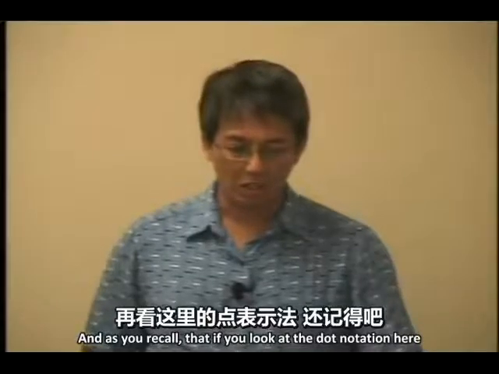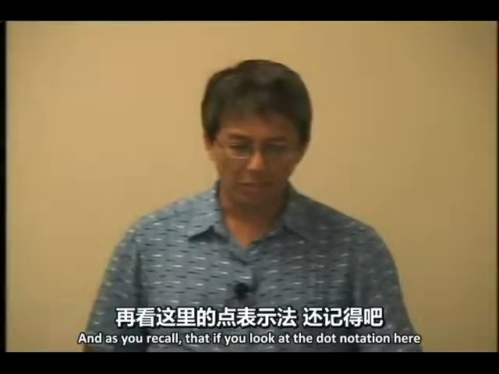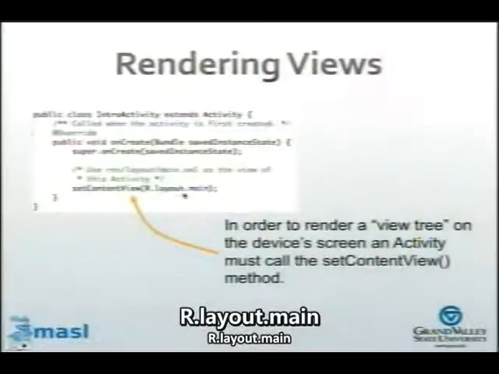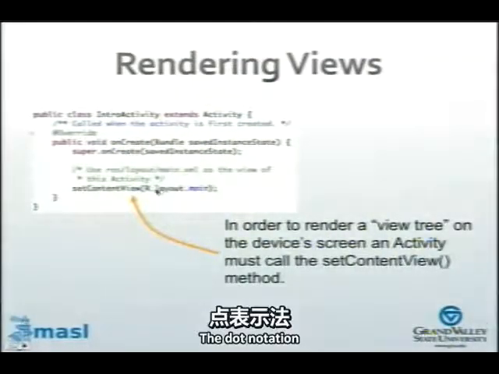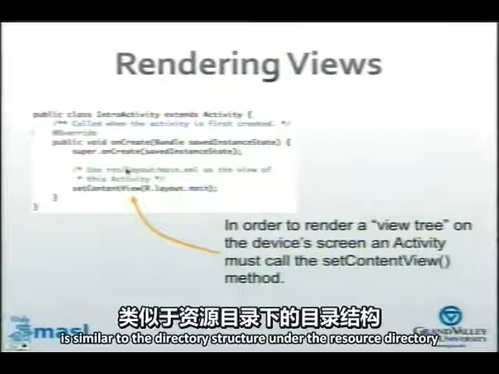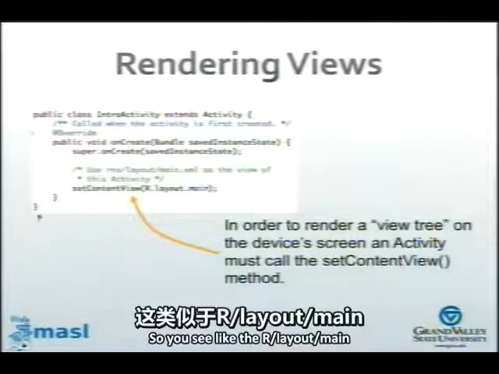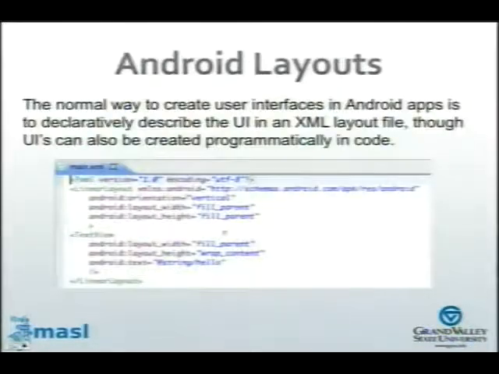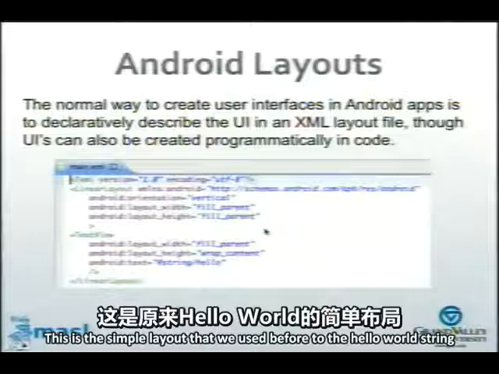As you recall, if you look at the dot notation here, R.layout.main, the dot notation is similar to the directory structure under the resource directory. So you see res/layout/main. This is the simple layout that we used before, with the Hello World string.